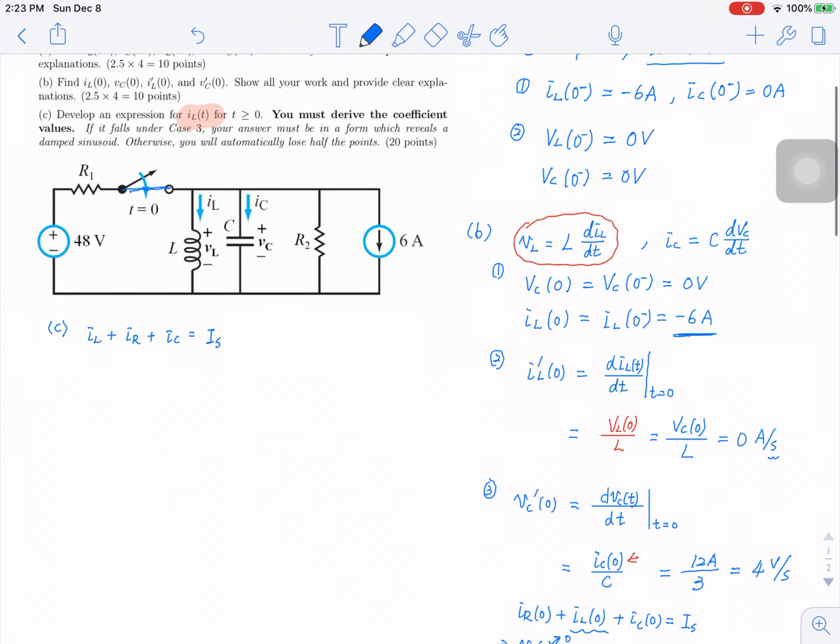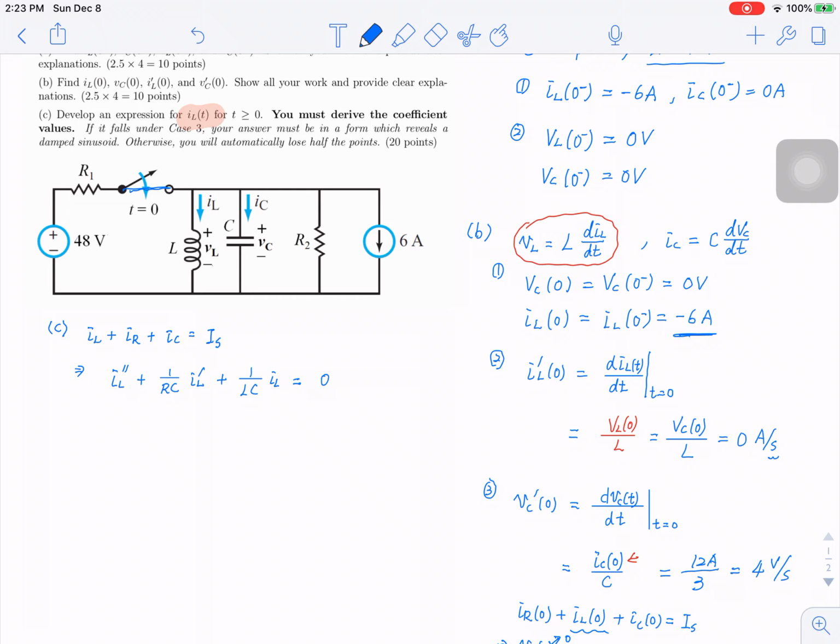You can take the derivative of this and form the homogeneous second order ODE. So you will get the following: IL double prime plus 1 over RC IL prime plus 1 over LC IL equal to 0.